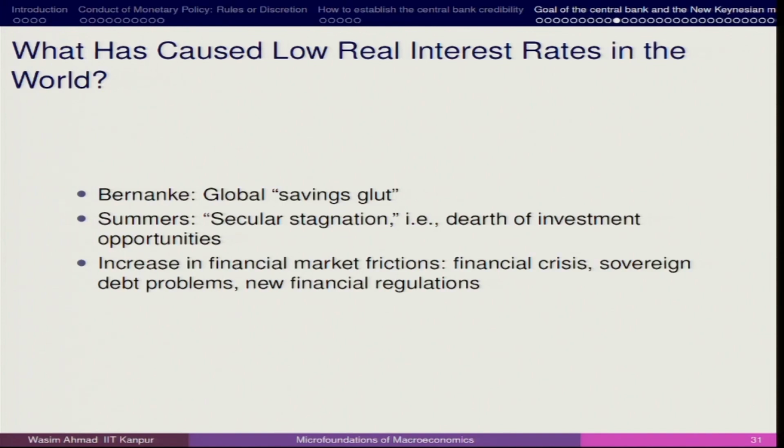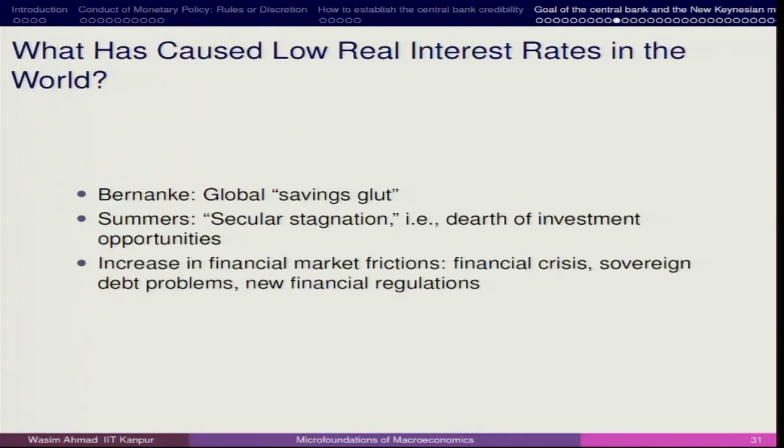There is also an increase in financial market frictions, which means higher defaults. In the case of the US 2007 global financial crisis, we found that the central banks had a tough time and went for buying long term assets as well. When you have asymmetric information and moral hazard between borrowers and lenders, these play a very important role in creating financial market frictions.